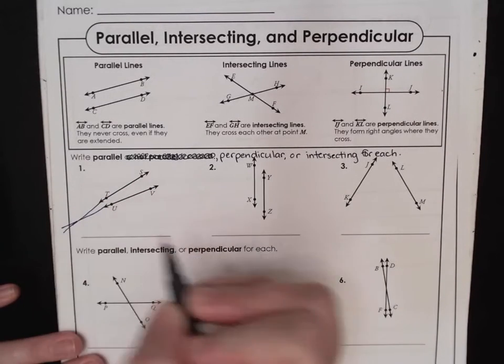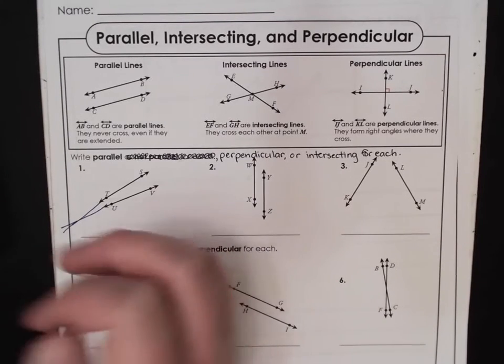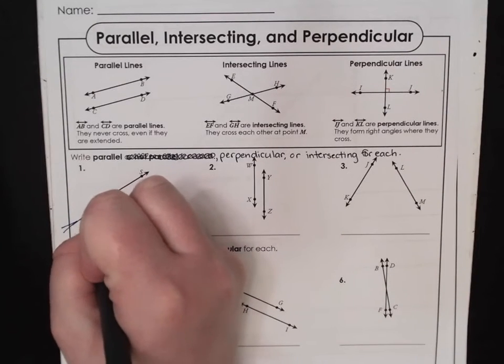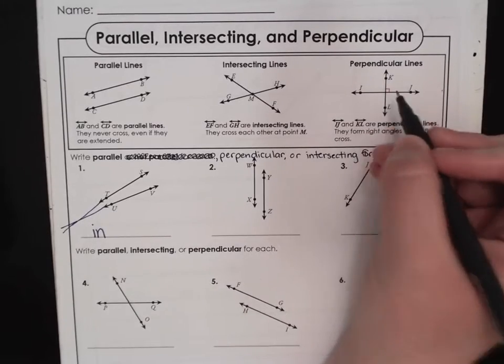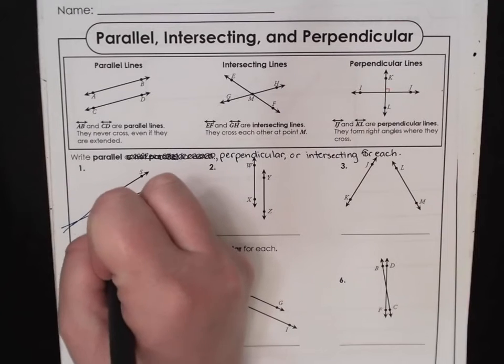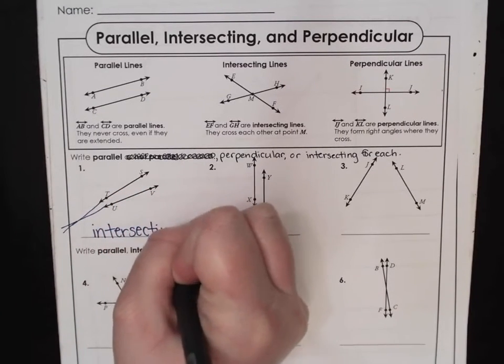Eventually, these lines are going to cross, but see how they're kind of slanted? They're not crossing completely straight. That means they're just intersecting. They're going to cross, but they're not going to cross to what looks like a T, so they won't form any 90-degree angles. So those are intersecting lines.